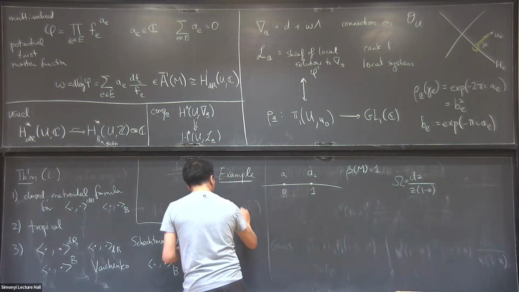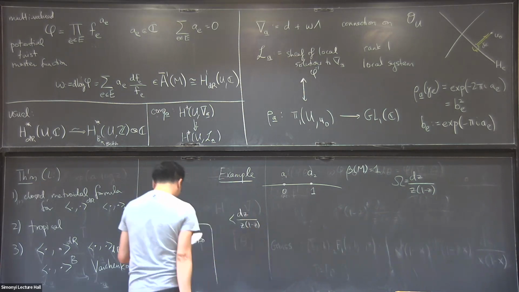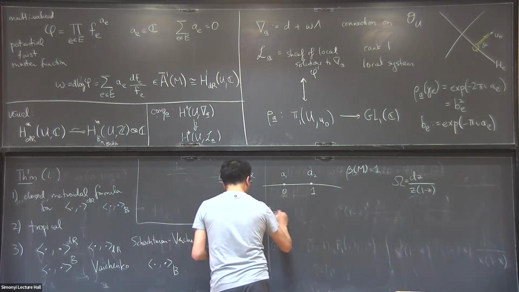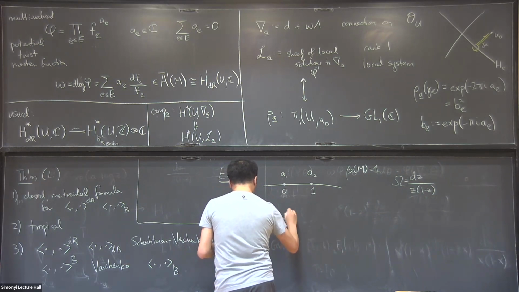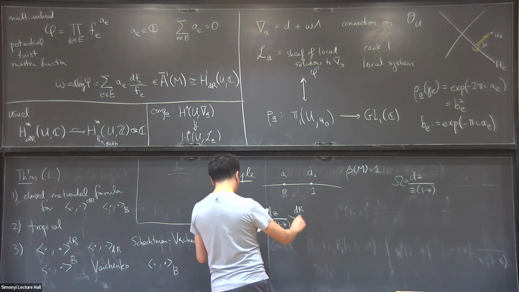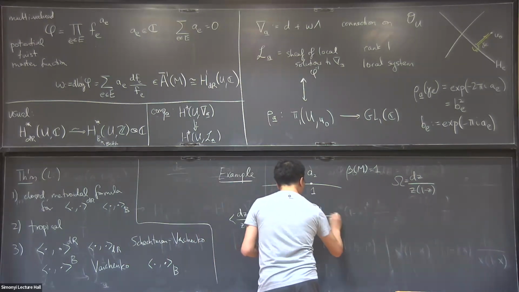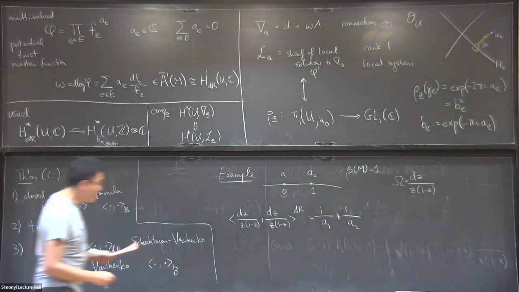and you can ask to take that form, which is a possible basis element for this cohomology, and ask to pair it with itself under this pairing. And it turns out that the answer is simple. It's this formula.